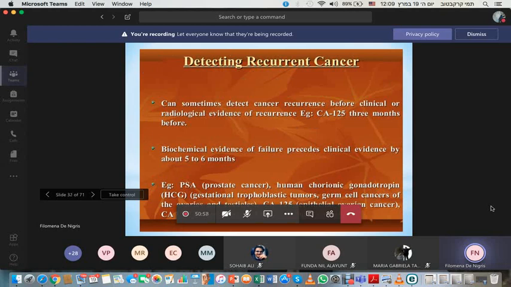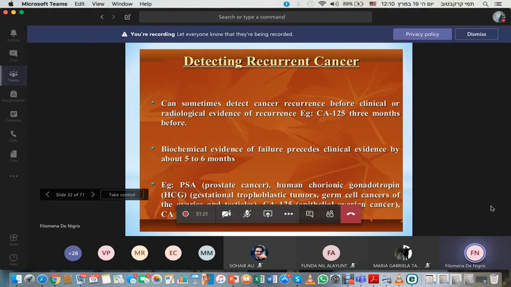We have also markers for recurrent cancer. One is CA 125, a good indication of recurrent disease for ovarian cancer. CEA is a good indication for colorectal cancer.